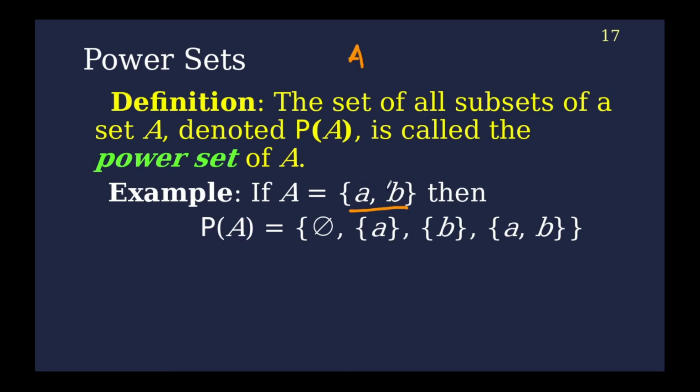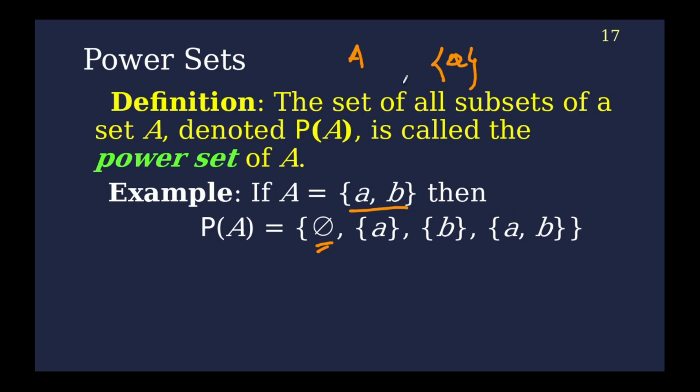Then what can be the subsets of this set? The empty set is a subset of all the sets. So the first subset is the empty set. Then second, a set containing only one element a is a subset of this set. Second, the set which contains only element b, and third, the set which contains elements a, b, are the subsets of this.